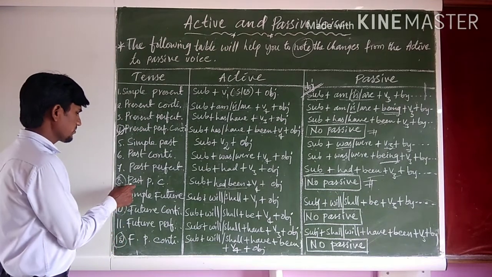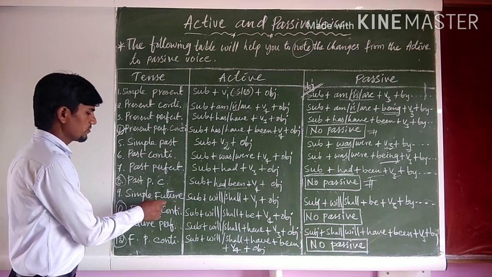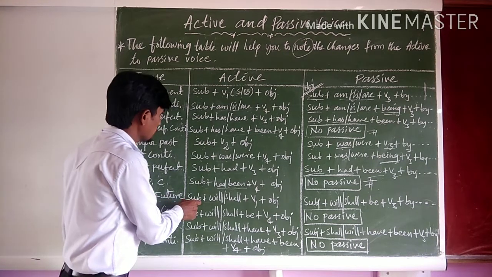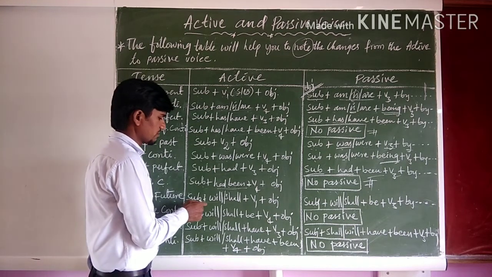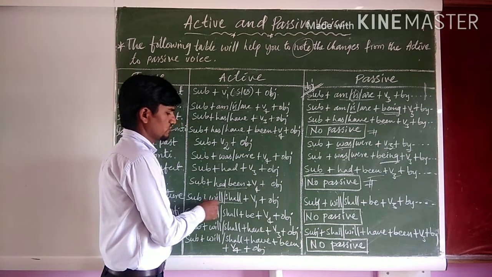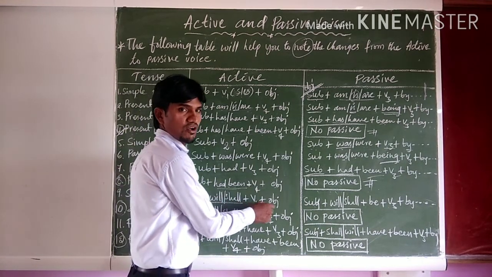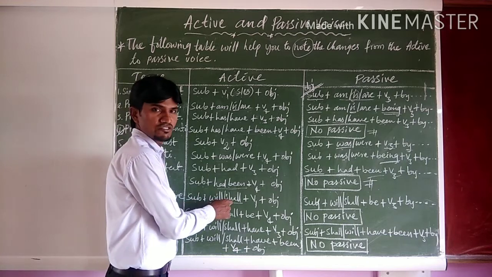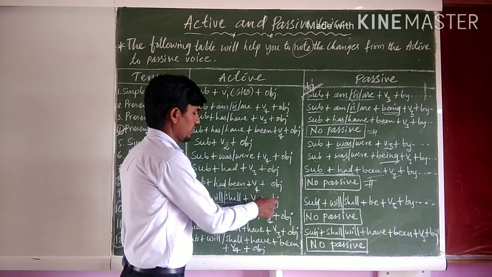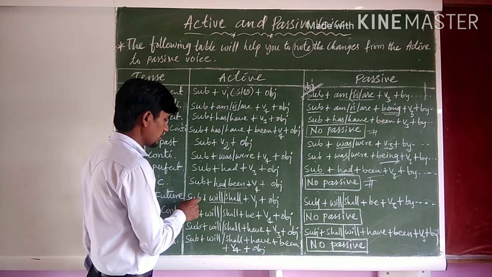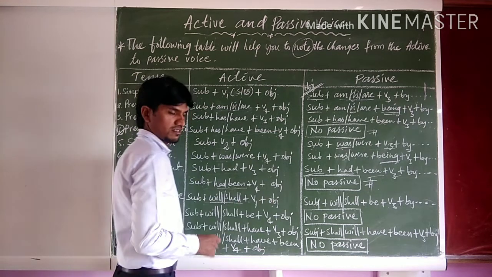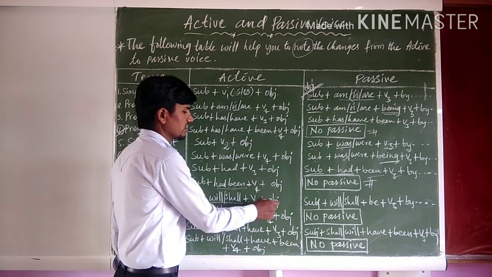And coming to the simple future tense. Its active structure is subject plus will or shall plus V1 plus object. For example, he will write a letter.